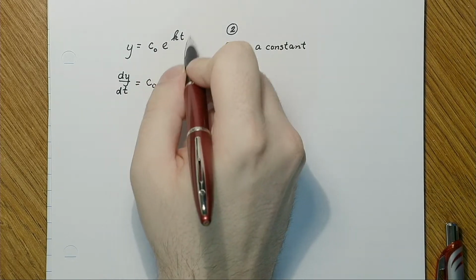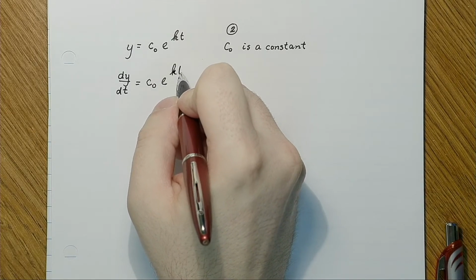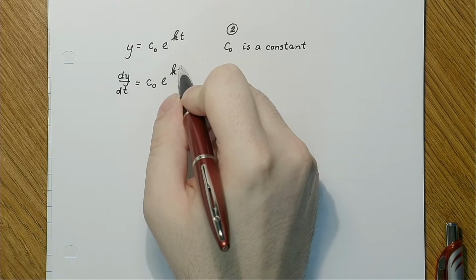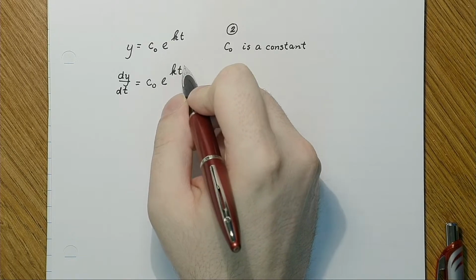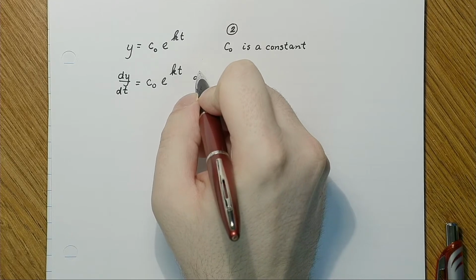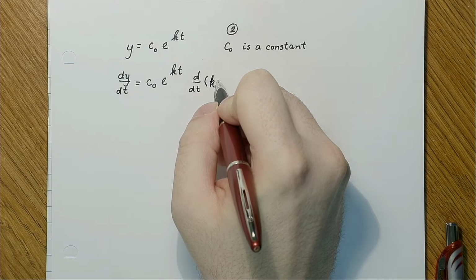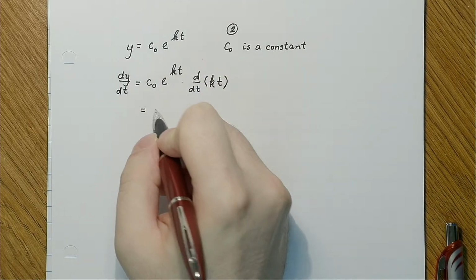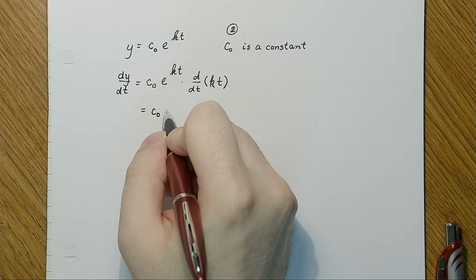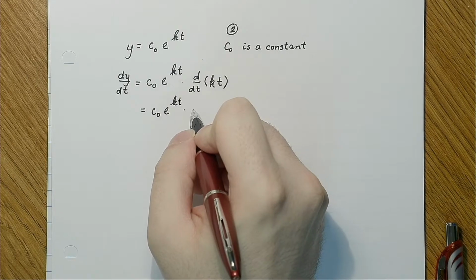We know that the derivative of e is just itself, and then I still have to take the derivative of the inside function, with respect to t. I'll write out an extra step here, times k.